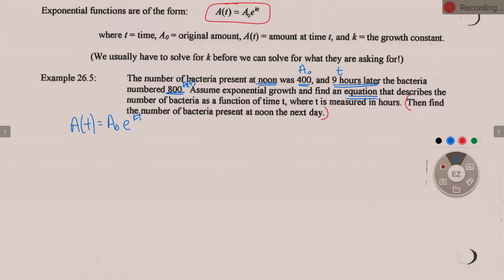So our first job is to find k. 800 equals 400 e to the k times 9, which I'm going to go ahead and jump and write 9k. Okay, k is in that exponent.